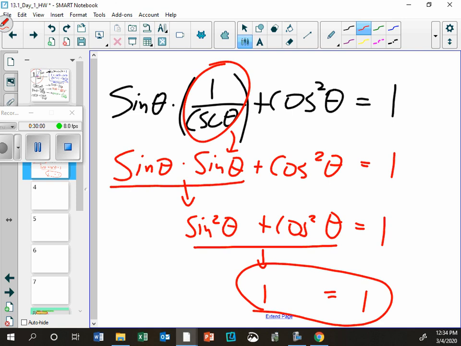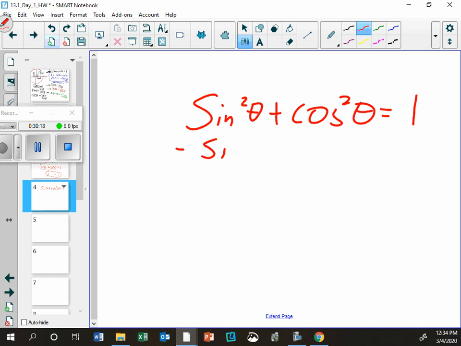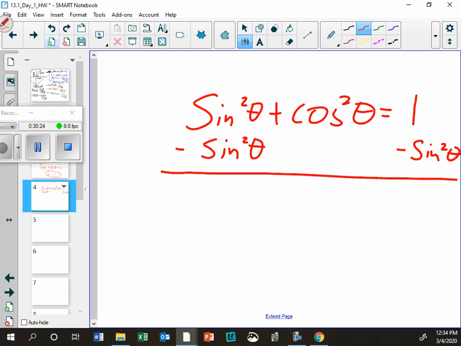But I'm going to show you one more thing that's just kind of a reminder of how math still applies here. If that's true, then I can subtract sine on both sides. And this must be true. You can use math and take facts and rearrange them with math, and it'll still be allowed.